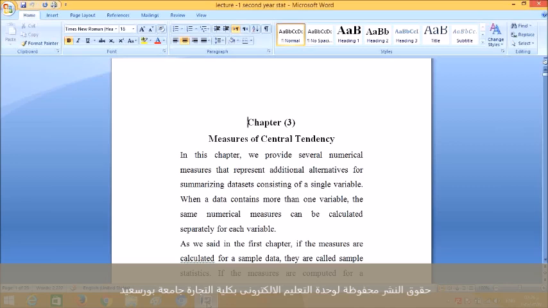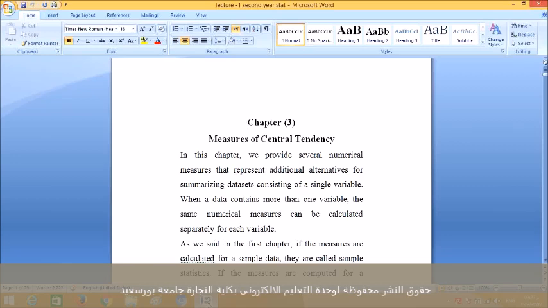This is the first lecture, which deals with measures of central tendency. In this chapter, we provide several numerical measures that represent additional alternatives for summarizing a data set consisting of a single variable.